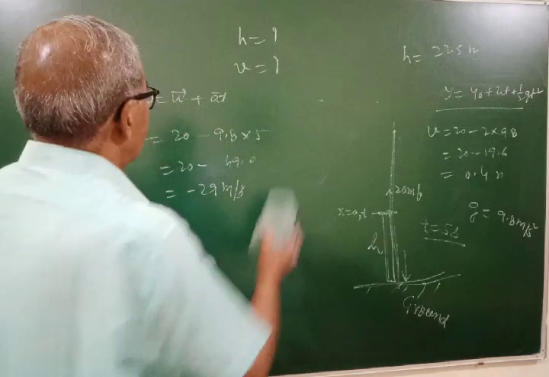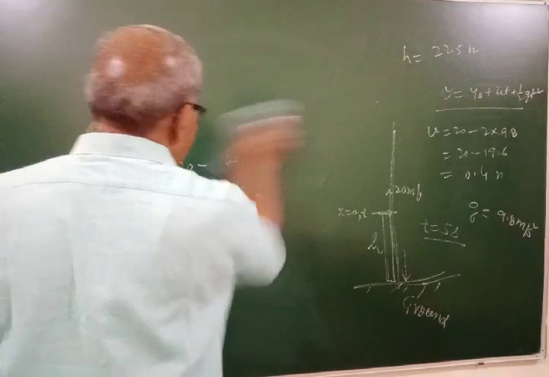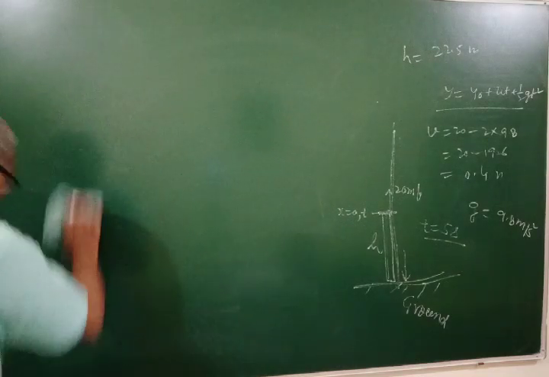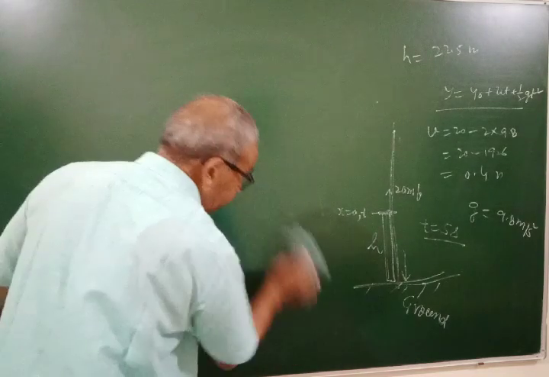That way it may come positive as well as negative. But here, in 5 seconds, the velocity gained is vertically downward having magnitude 29.5.